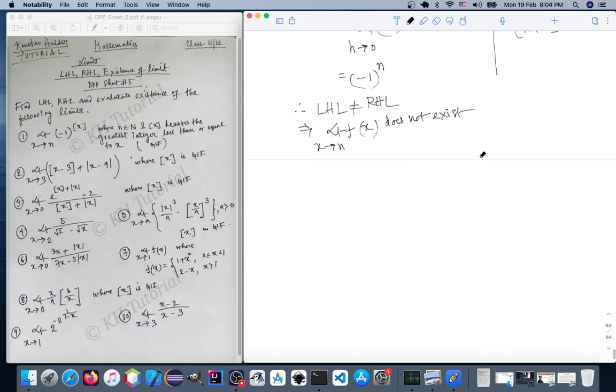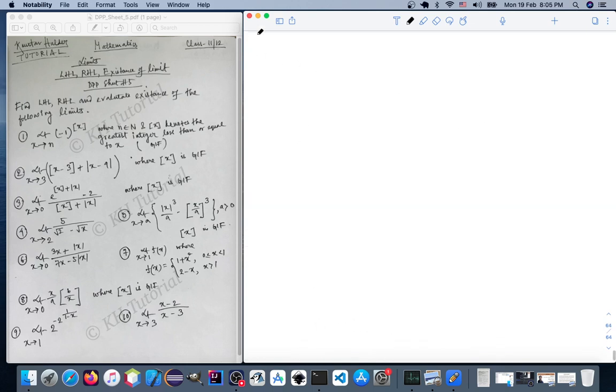Okay, let's see the next problem. The function given is box of (x minus 3) plus mod of (x minus 4), and we are to check the limit at x tending to 3.